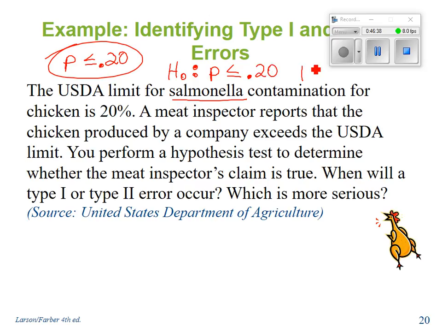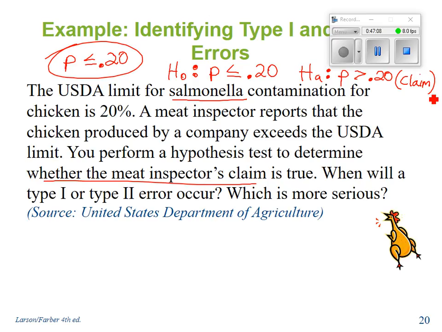And our null hypothesis is going to be, and I might be telling you wrong because we might be going off of this meat inspector's claim here, the null hypothesis would be P is greater than 20%. Let's say we are going off the inspector, and that means this is going to be the claim instead of the first one being the claim, because the meat inspector's making that claim right there.